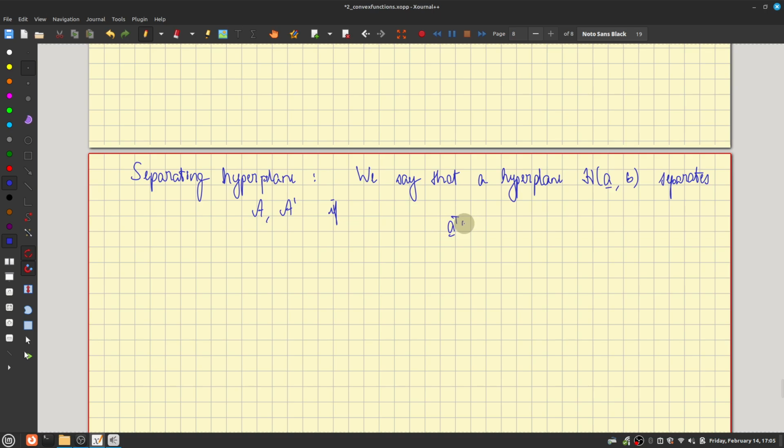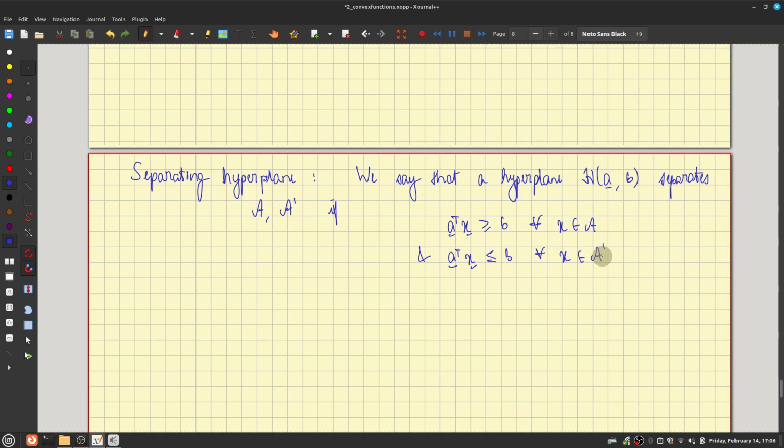So A transpose X is greater than or equal to B for all X in A, and A transpose X is less than or equal to B for all X in A prime.